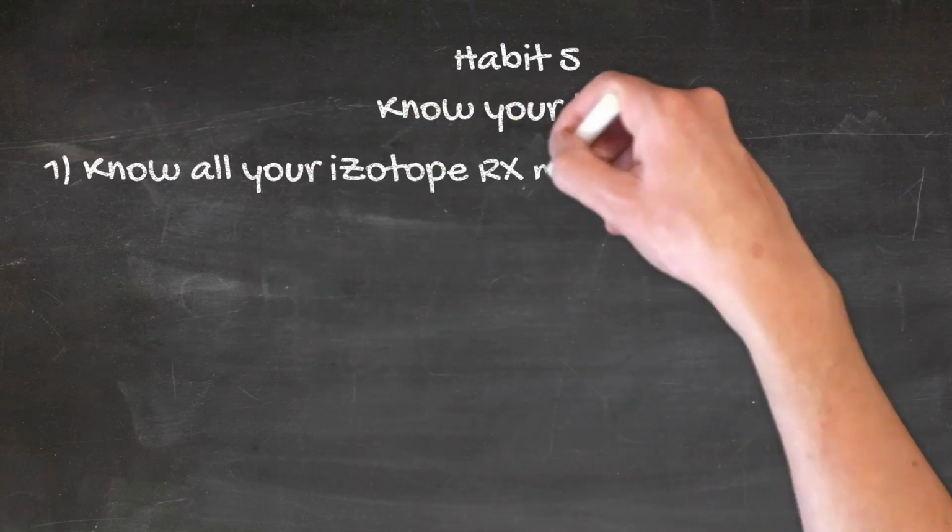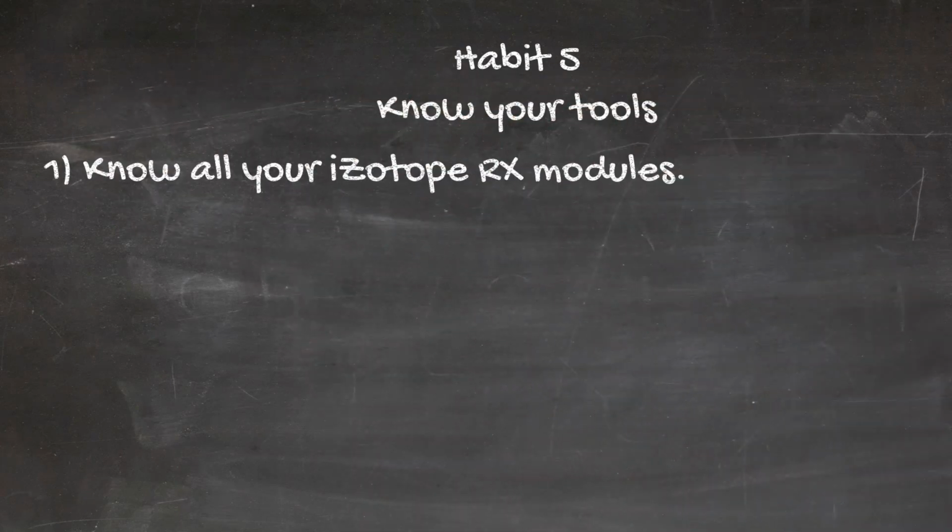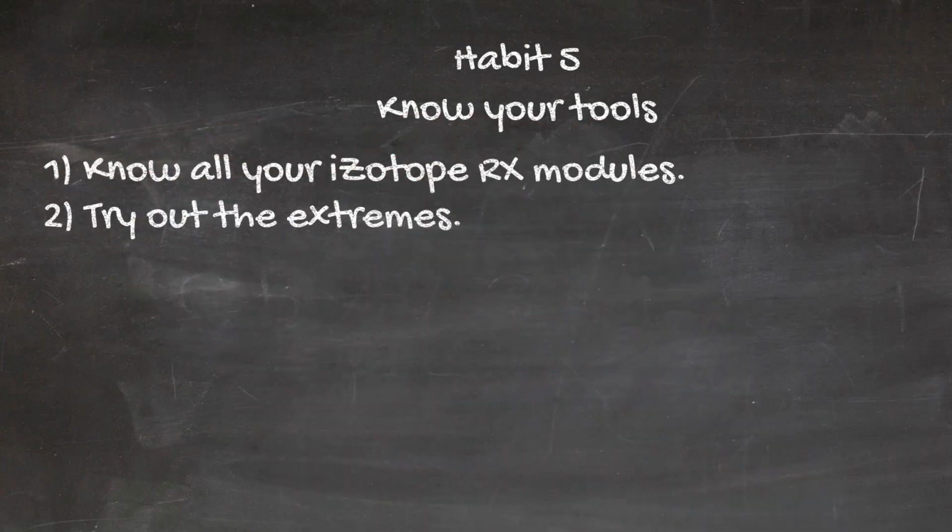Within Isotope, it's absolutely paramount that you know what all the different modules do. So take yourself some time if you're not familiar with Isotope or whatever software package you are using, and experiment a bit with it. Take a piece of audio that has a couple of problems and experiment with the different modules that the software package is putting at your disposal, and try out especially the extremes.